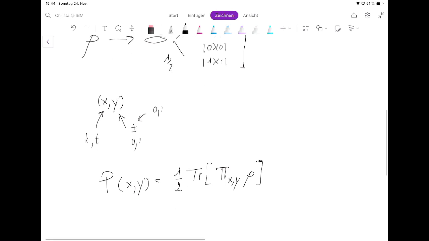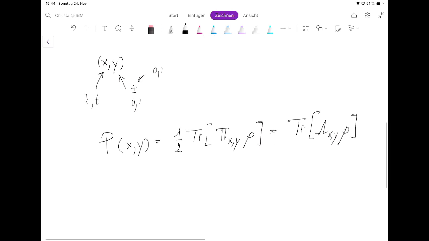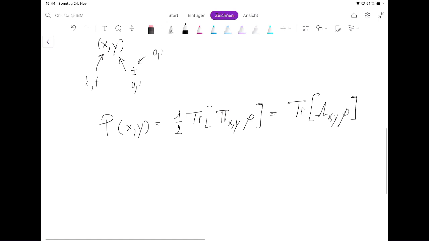Okay, now these can also be rewritten in the simple sense of the Born rule with a new set of measurement operators, you can call them lambda, which are similar to the projectors that we defined before, the PVM elements, just that they don't have the property that they are disjoint.